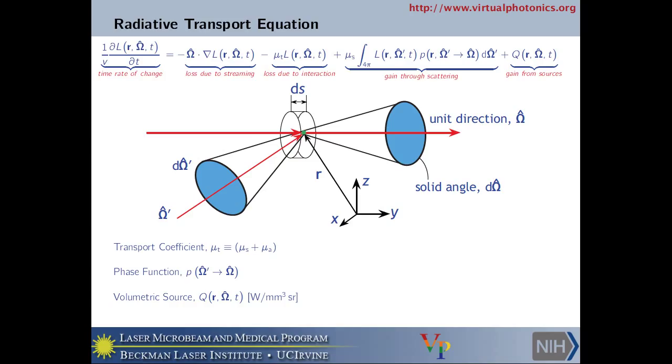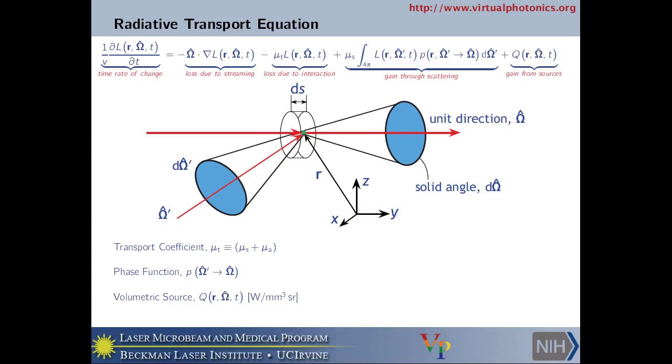If you have light propagating in omega, it's propagating away from this location. Therefore, you have a loss of light due to that propagation away. So this is just the spatial gradient of L, because L is defined spatially amongst all r, and you're taking the dot product of that onto the direction that you're considering.